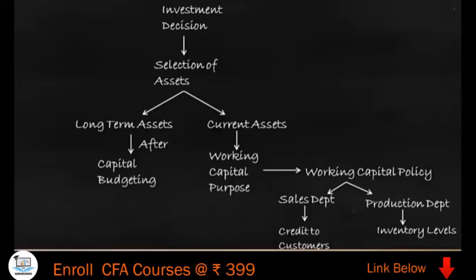If that policy is set out, then the deployment of funds in current assets will be more meaningful and would generate more cash flow for the company. So this is all about investment decision. If there is a focus on long-term assets, it should be after capital budgeting, and if there is a deployment on current assets, it should be as per working capital policy.